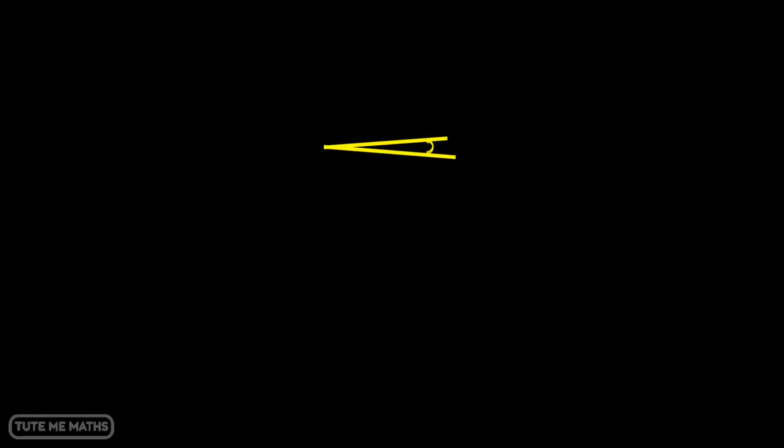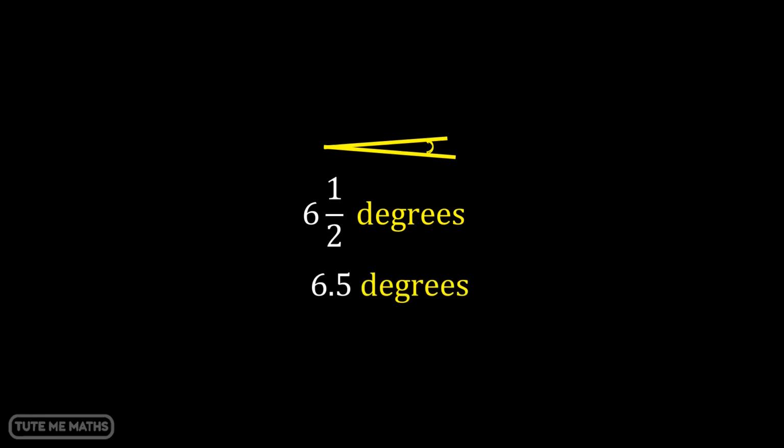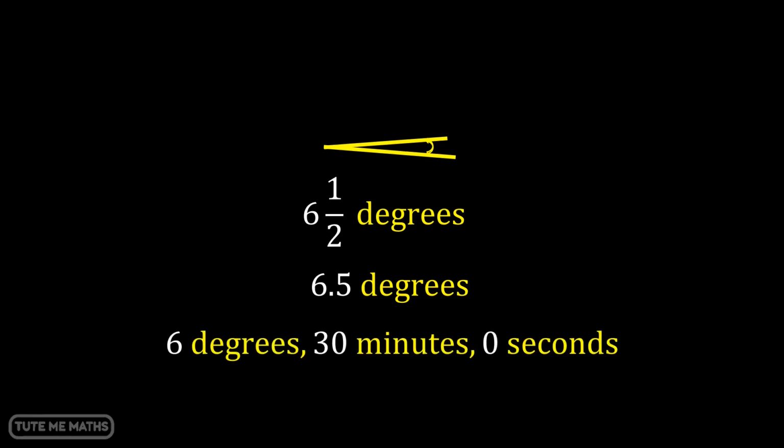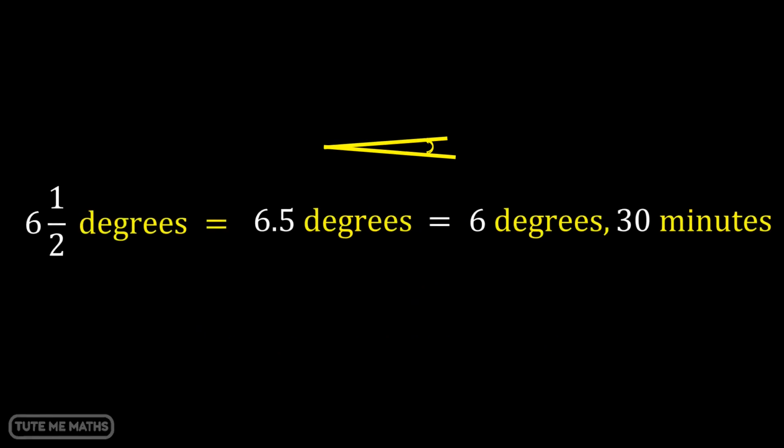This angle could be described as 6.5 degrees in fraction form, or 6.5 degrees in decimal form, or 6 degrees, 30 minutes and 0 seconds in degrees, minutes and seconds form. These three expressions are all equivalent. When solving problems in trigonometry, you might need to know how to convert between these formats.